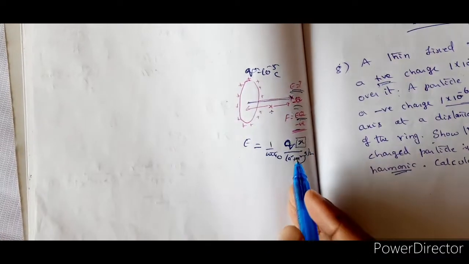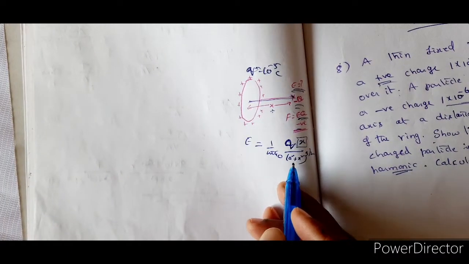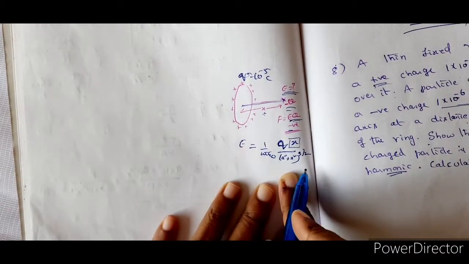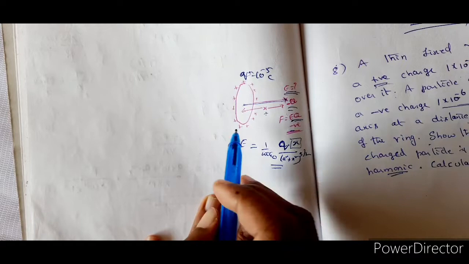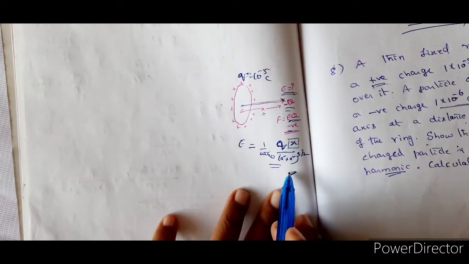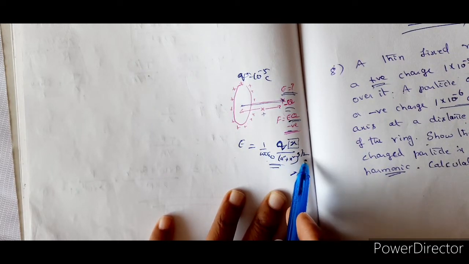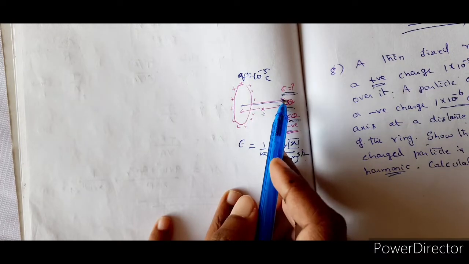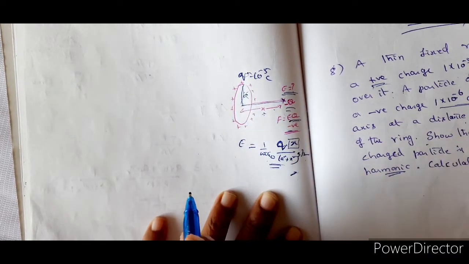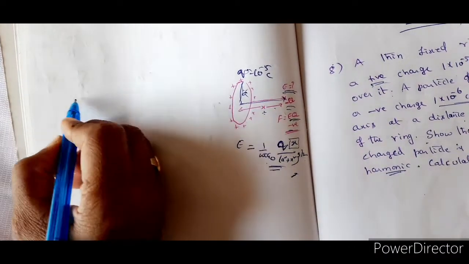It is similar to something like the equatorial line. So the same concept, we have learnt it and also derived this. Now we are not going to waste time again taking the integration and all that, so I am taking this formula directly. 1 by 4 pi epsilon naught qx by a square plus x square whole power 3 by 2 is the electric field strength at this point at a distance of x, where a is the radius of the given circular ring. Clear?